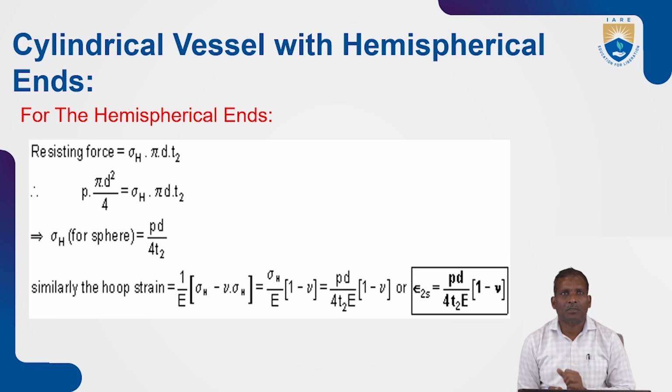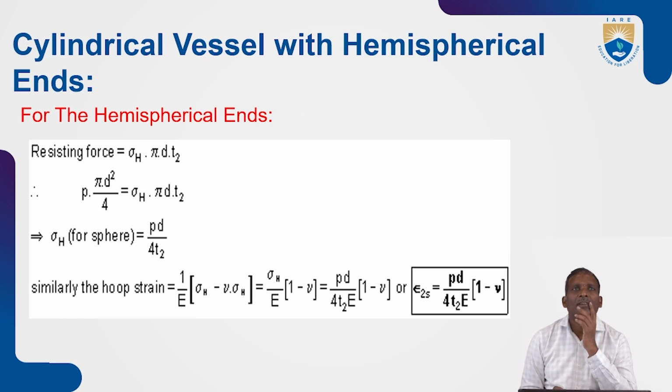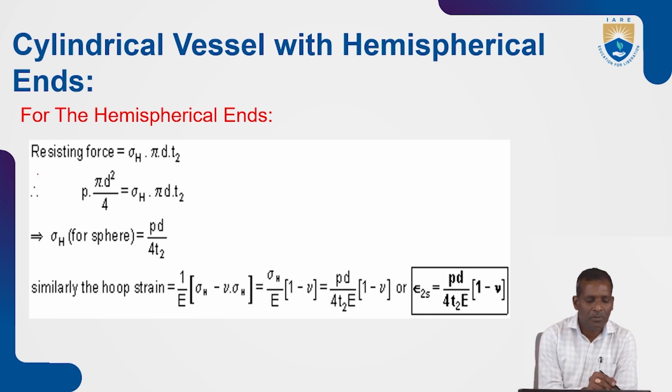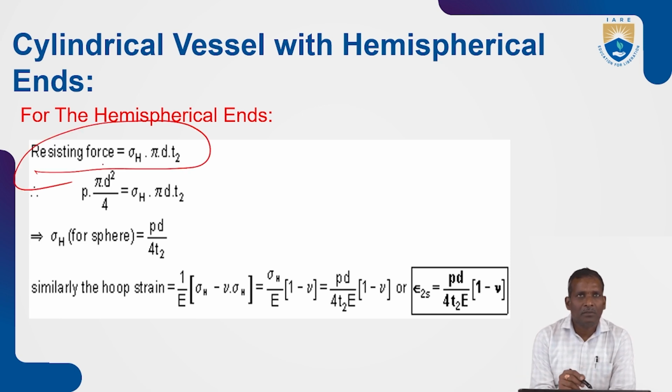But the resisting force, whenever internal pressure is acting inside the fluid, the resisting force is equal to circumferential stress multiplied with area. So that is pi D into T2.